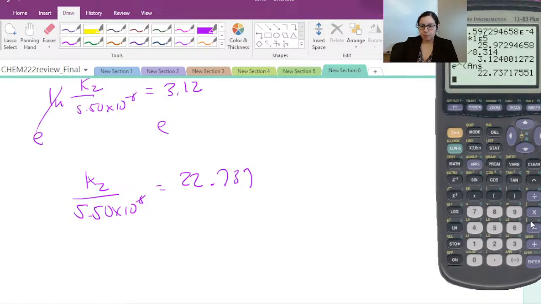And let's now multiply. So I get a final K2 of something like this, 1.25 times 10 to the negative 6, roughly.